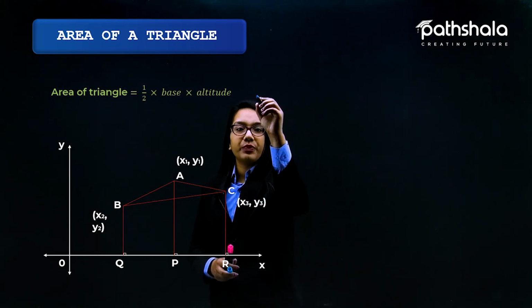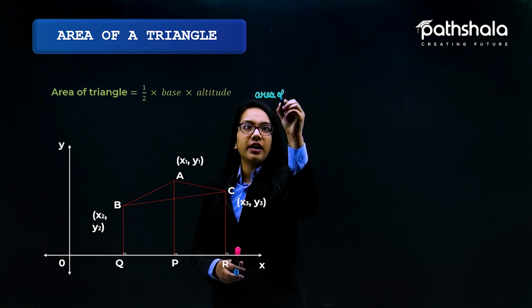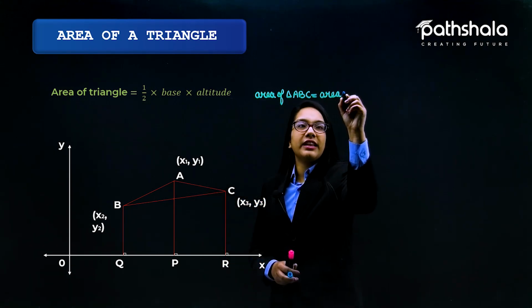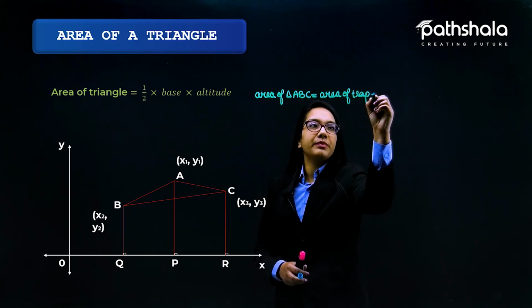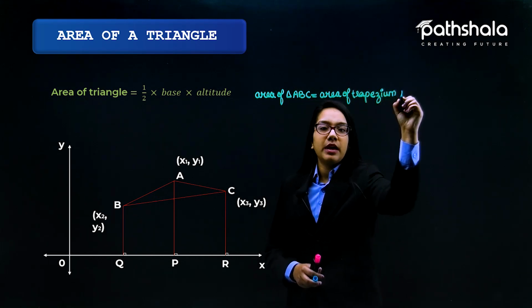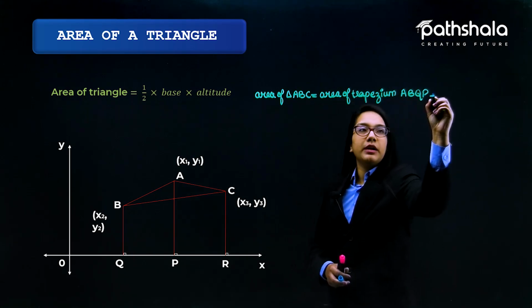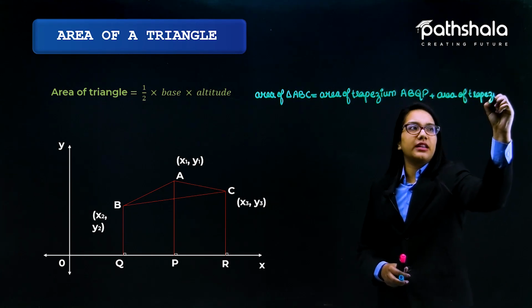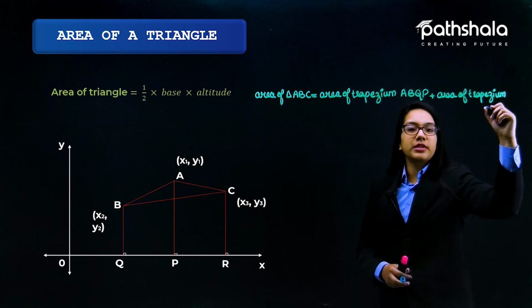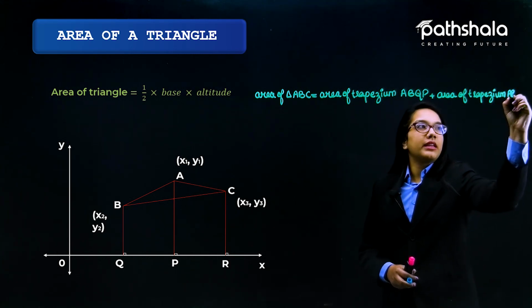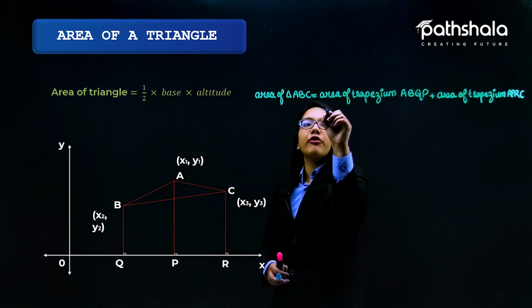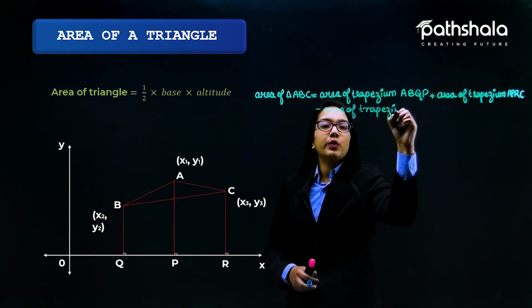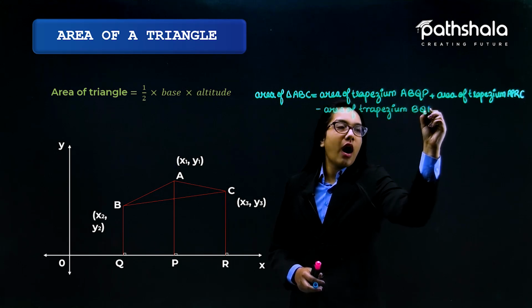So area of the triangle ABC is equal to the area of trapezium ABQP plus the area of trapezium APRC minus the area of trapezium BQRC.